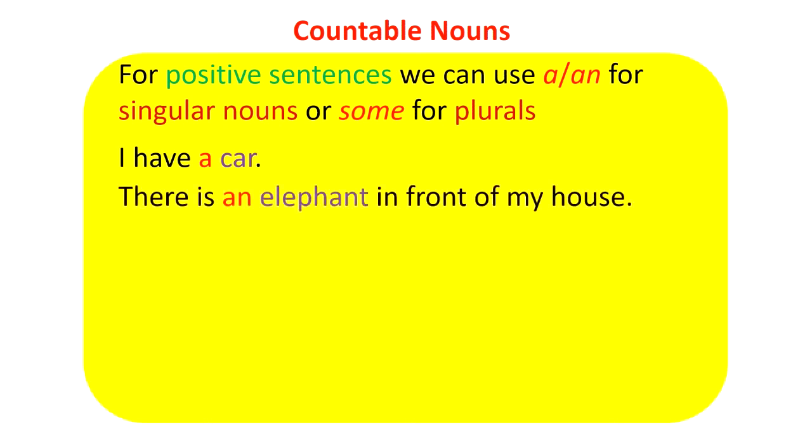In the same manner, there is an elephant in front of my house. Here, elephant is singular noun, so we used an with it. I have some friends in Delhi. Here, friends is plural countable noun, so we used some with it.